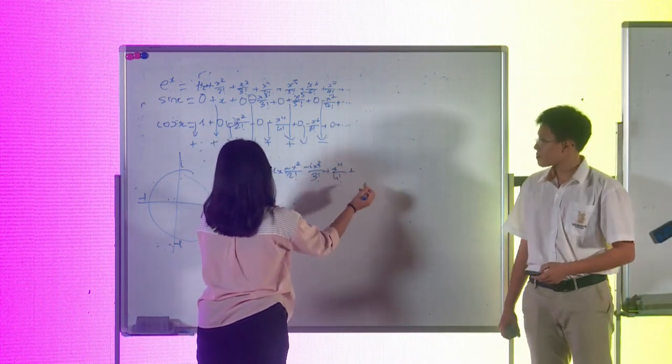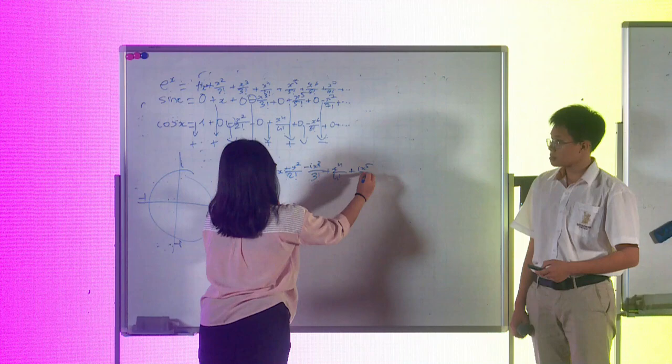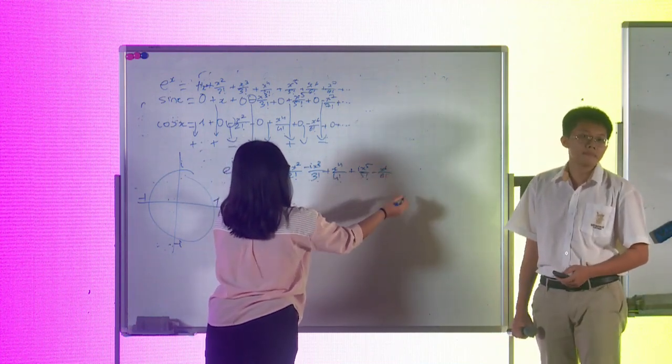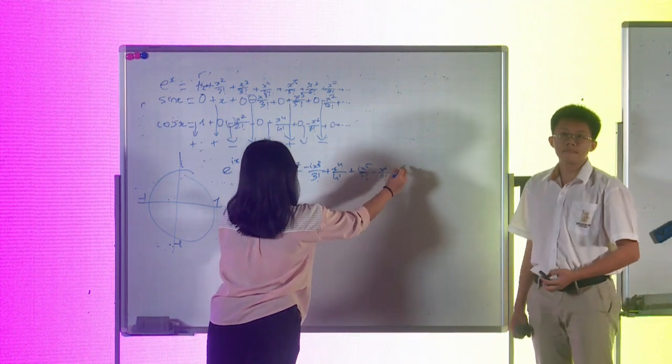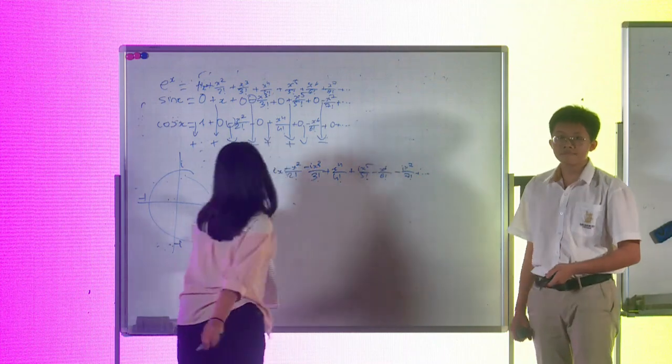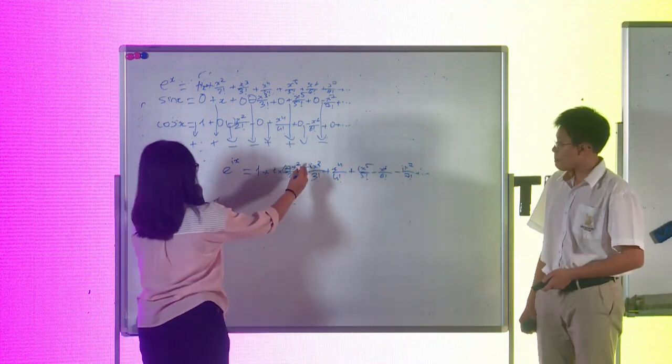Then the next term will be i times x to the power of 5 over 5 factorial. Then x to the power of 6 over 6 factorial. Then minus i times x to the power of 7 over 7 factorial. So now we can see that the signs now match.